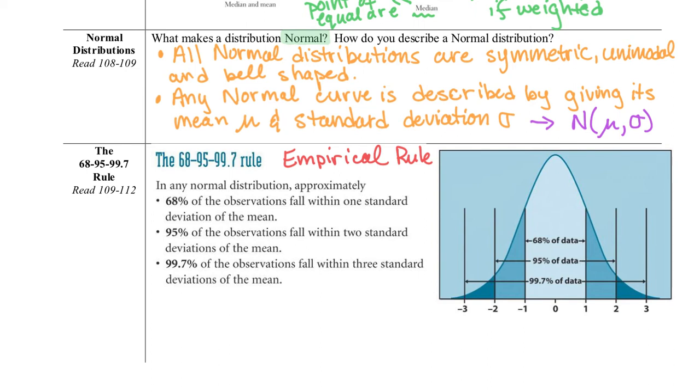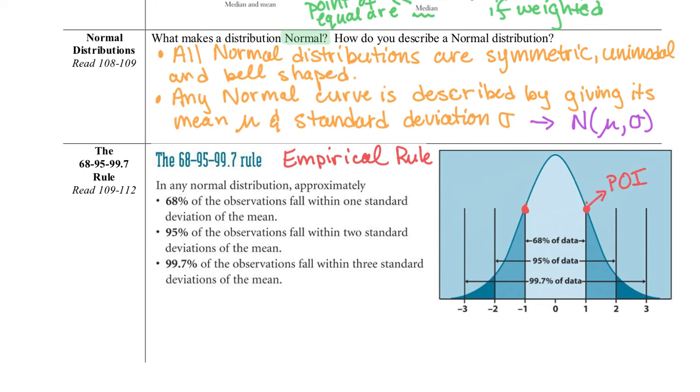Now, those of you who took calculus, what's kind of neat about these normal curves is one standard deviation in the curve happens when our curve actually changes direction, where it goes from concave down to concave up. And in calculus, we call that a point of inflection.